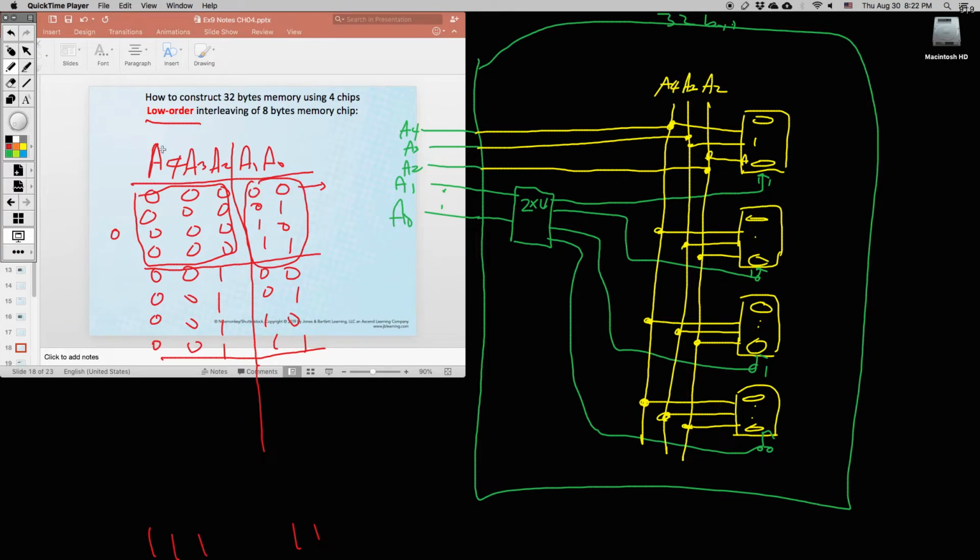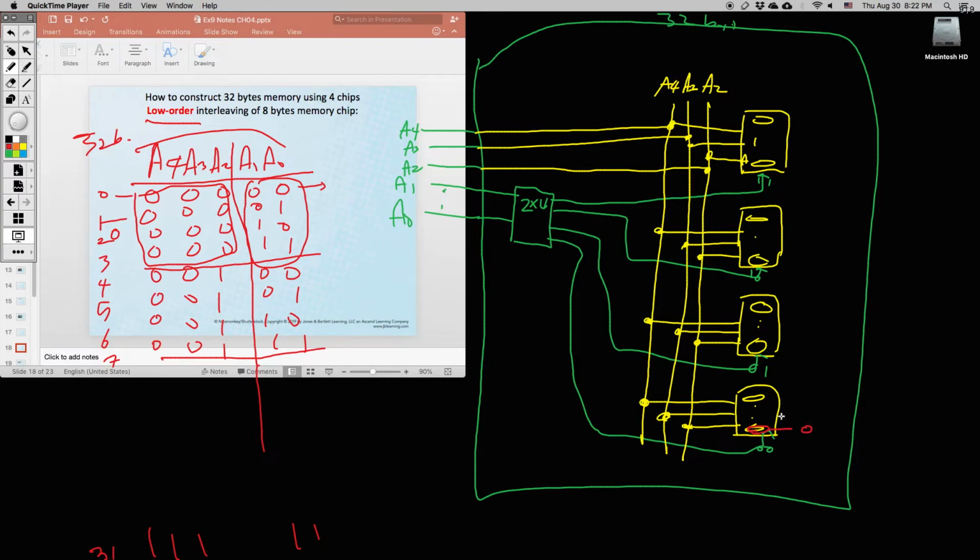In this 5-bit, 32-byte address space, we have 0, 1, 2, 3, 4, 5, 6, 7, all the way down to 31. When all zeros is applied, this chip is enabled and the address line is also 0.